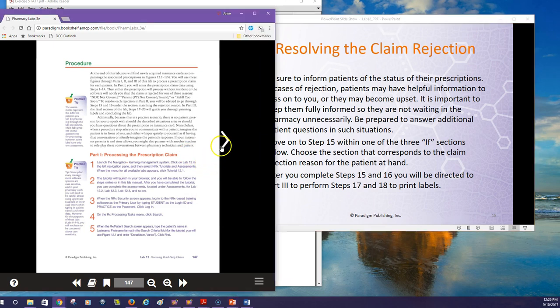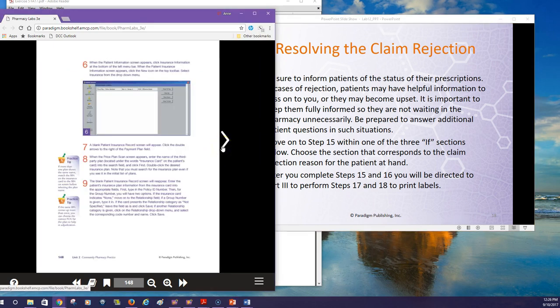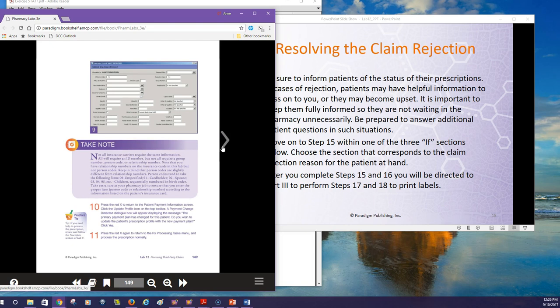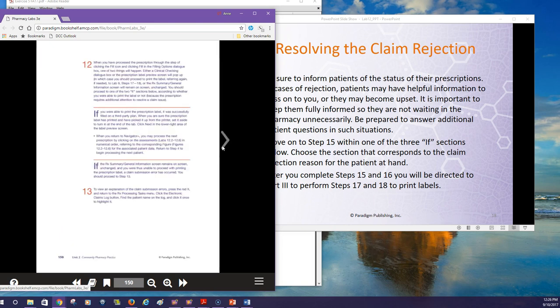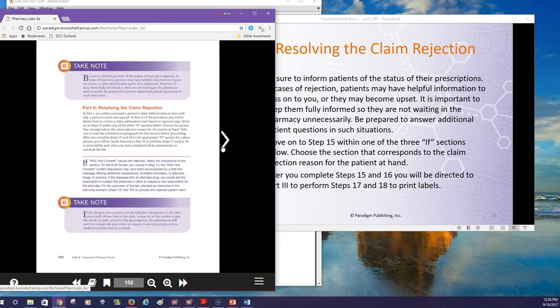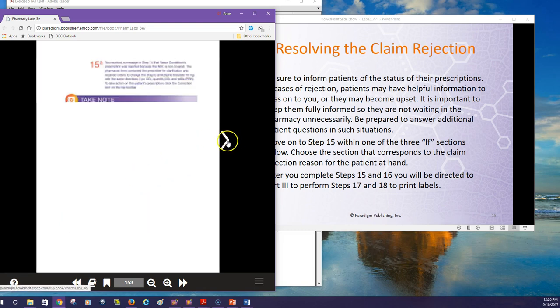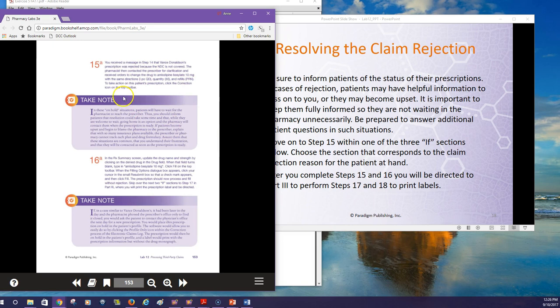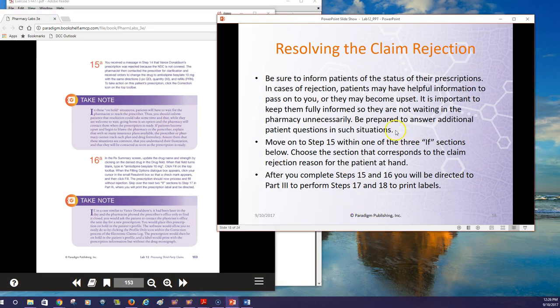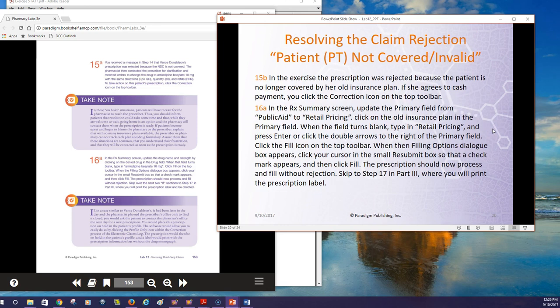When we're going through that, it says to go to the 3 ifs section on step 15. That will take you through: if not covered, what to do. So 15A, I think that's supposed to be 15B, not 16A.